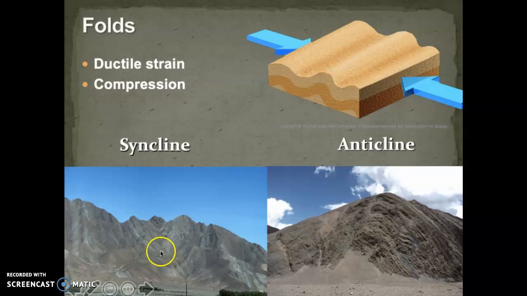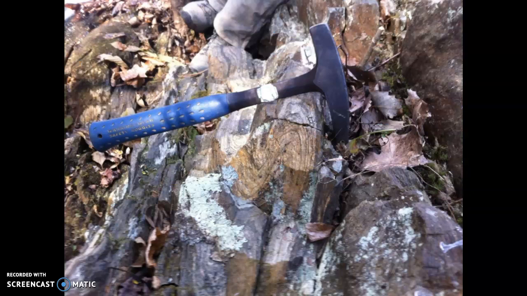And when the rocks are folded, we have two names for the folds. We have a syncline, which is a U-shaped fold. That's on the left-hand side. And we have an anticline, which is an A-shaped fold, which is on the right-hand side. So the arching fold is an anticline, and then that U-shaped fold is a syncline.